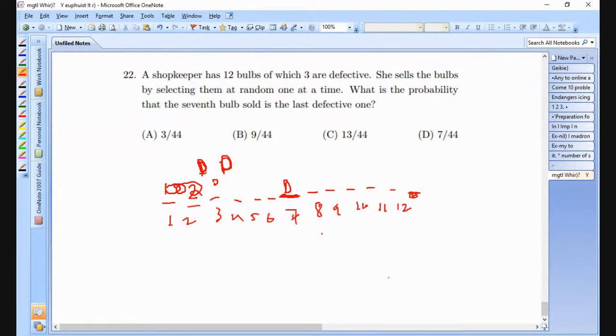So that person is taking out all the 7 bulbs together. Do you think the numbers after 8 will matter? Of course it will matter, because the defective items can be on that side too.